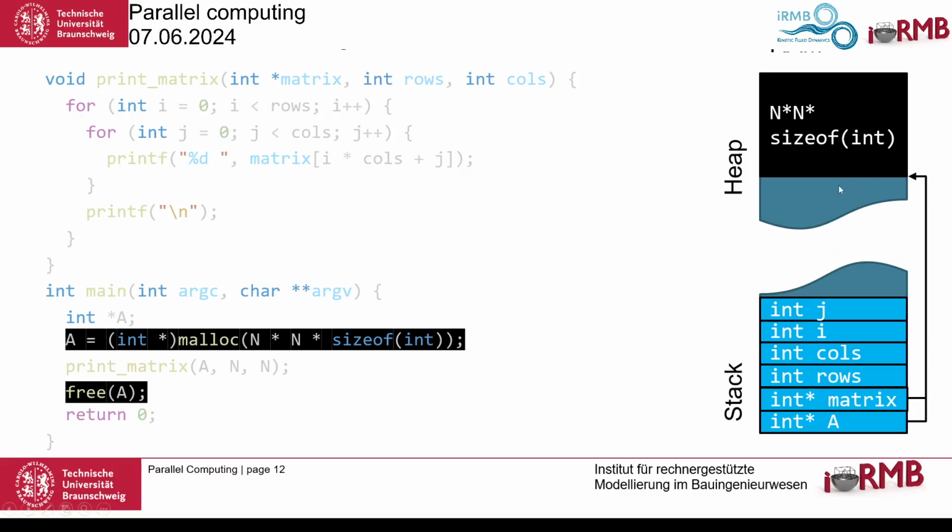So you have to find a place in memory somewhere else, and this is called the heap. You ask your operating system, can I have memory somewhere else of a certain size? And this is done by this malloc function.